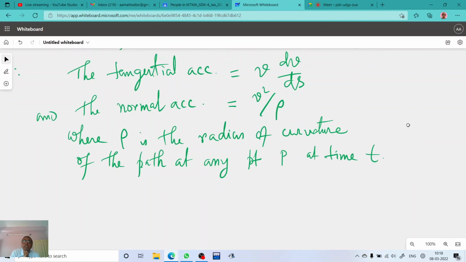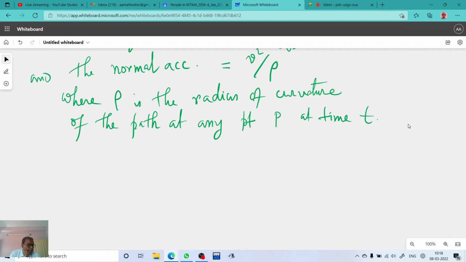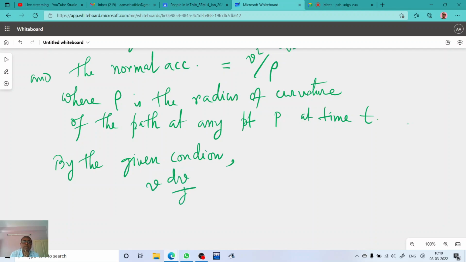By the given condition, its velocity varies as e to the power tan inverse s, and the particle moves in a plane in such a way that its tangential and normal accelerations are always equal. So by the given condition, v dv/ds equals v square by rho.